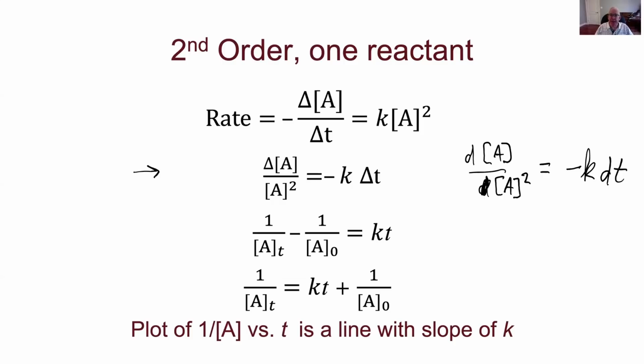And so the equation that I get if I do that integral and put in the limits from 0 to t gives me this equation, right? Rearrange that and we get the one down below.